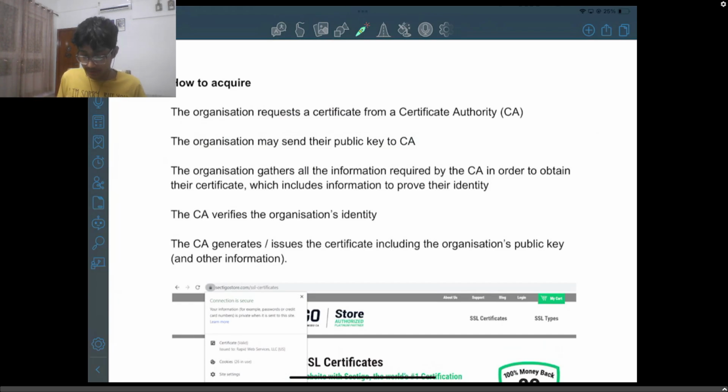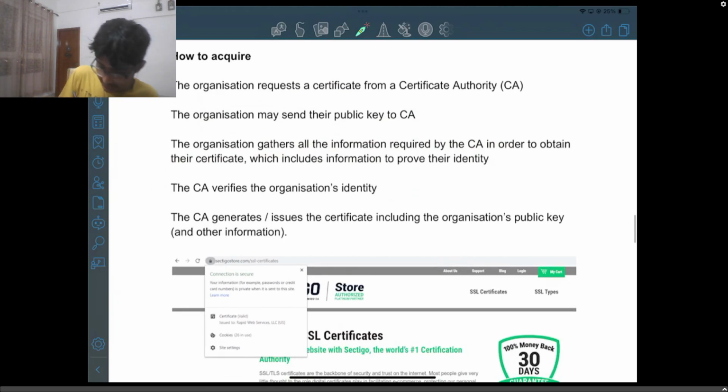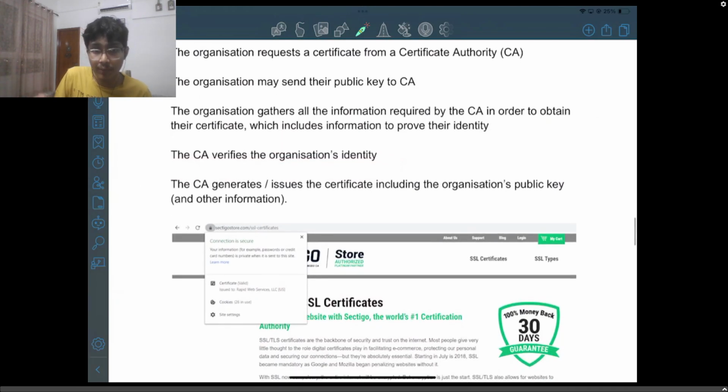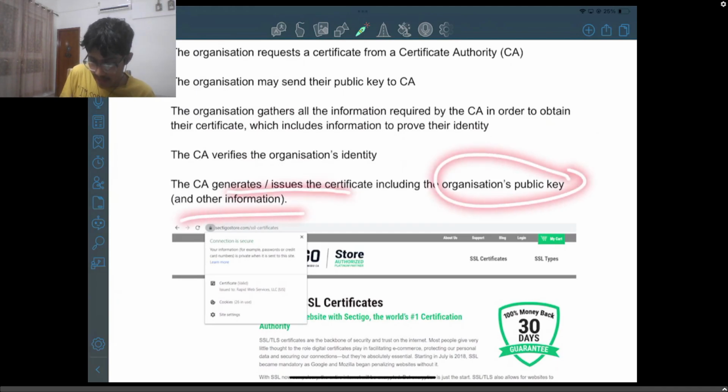Firstly, the organization gathers all the information required by the CA to obtain their certificate, which includes information to prove identity. Obviously, you want to make sure it's secure. So I need to provide information like, my name is Jeff Bezos, I am the person, I want a certificate for Amazon. The CA will verify my organization's identity, and then it will issue a certificate including my public key and any other information.